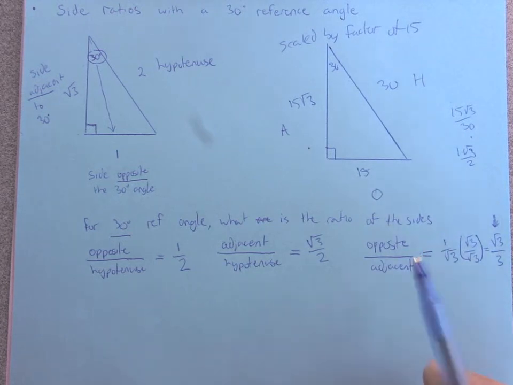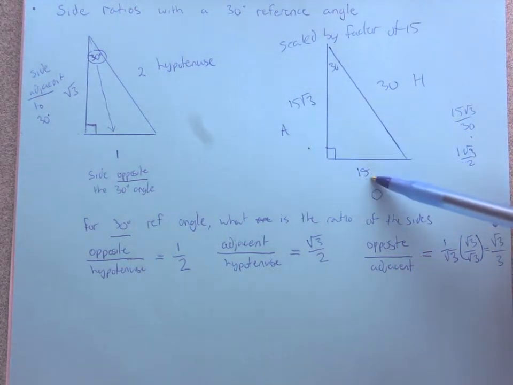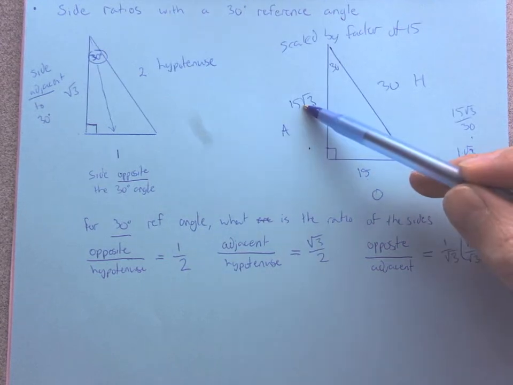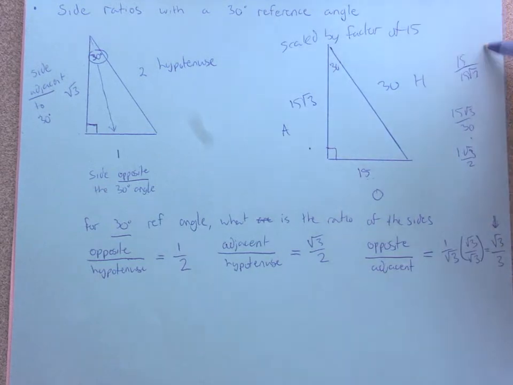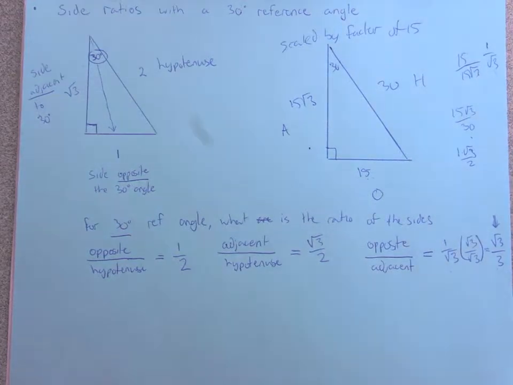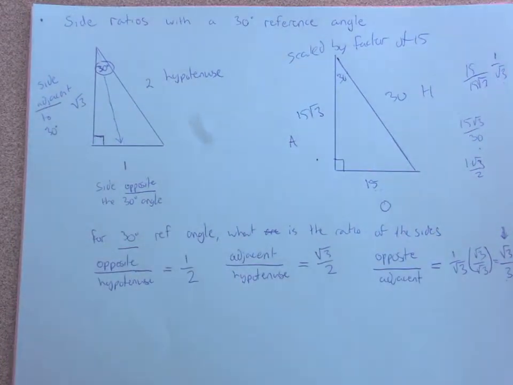Okay, and the same is true for this guy. If I want the ratio of the opposite side to the adjacent, opposite to adjacent will be 15 to 15 root 3, or 15 over 15 root 3. Right? The 15s are going to cancel. You're going to get 1 over root 3. When you rationalize 1 over root 3, you're going to get this again. Okay? So this is kind of how proportionality works, right?